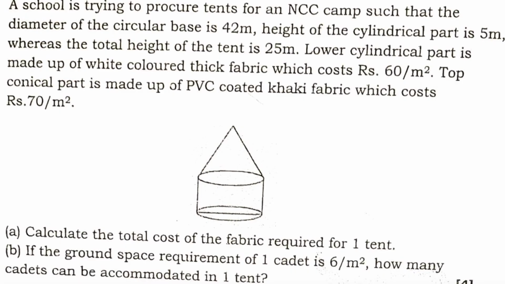There is a school picnic tents for the diameter of the circular base is 42 meters. Height of the cylindrical part is 5 meter. They have given the diagram. Quickly show the diagram. Show the diameter. Show the height.